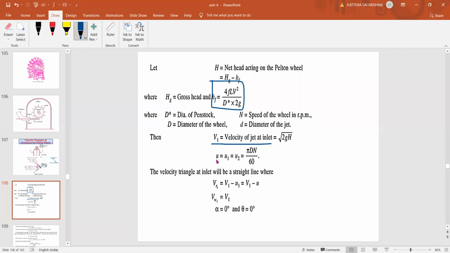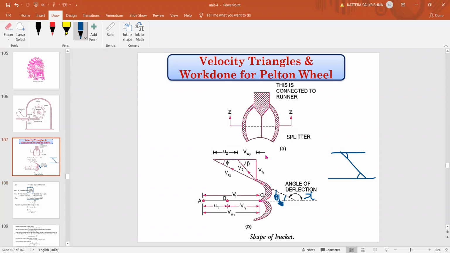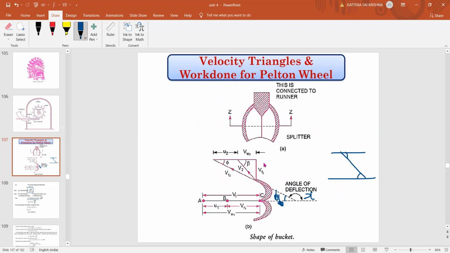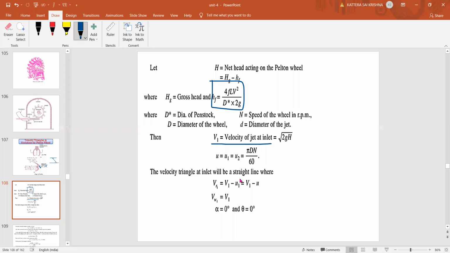So we can calculate the velocity of the blade if we know the diameter of the wheel where the blades are fixed. If you know the diameter, you can find the velocity of these blades, that is pi DN by 60. Next, we can see at the inlet we don't have any triangle, we just have a straight line.